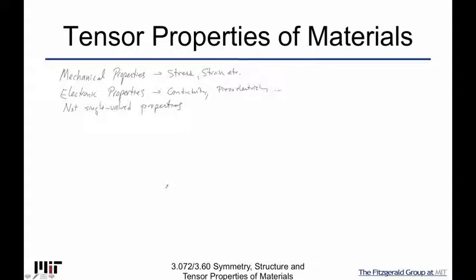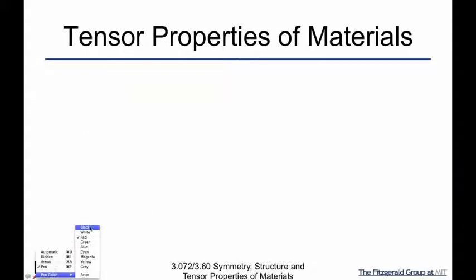So you could look at those with a tensor, although they're not really connected independently down to the crystal level. And so that's why we're going to look at what we're calling single-valued properties, things directly related to the crystal structure that is composed of atoms.